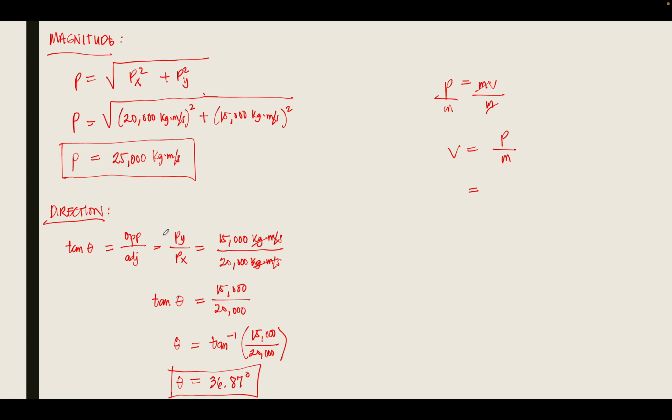So we have 1,000 plus 2,000, which is 3,000 kilograms. Cancel out the kilograms on the numerator and the denominator, so we are left with meter per second. 25,000 divided by 3,000 is equal to 8.33 meters per second.